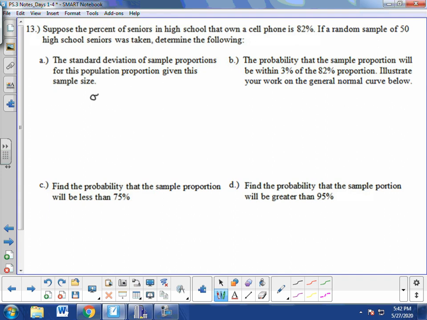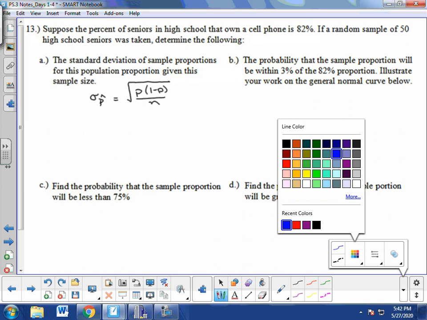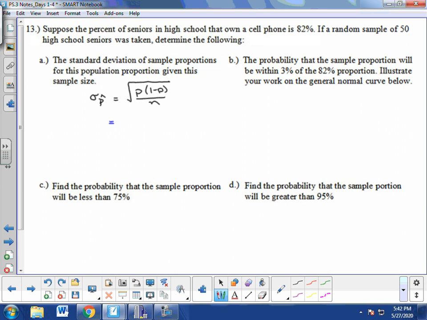Sorry, let me write the correct notation in there. Standard deviation of p hat. So that was that formula that we just got. The square root of P times 1 minus P divided by n. So P is the population proportion here. And the population proportion is that the percent of the seniors that own a cell phone is 82%.